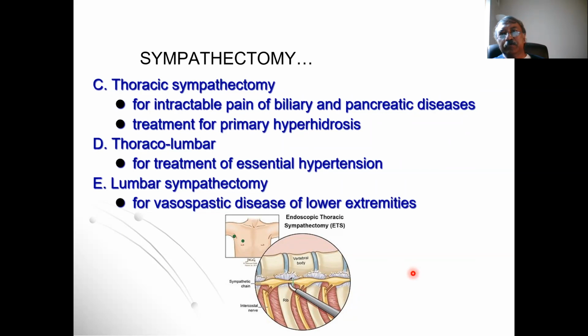They do this type of thoracic sympathectomy endoscopically. They put two portals here, one above the nipple area, one in the axillary area, and they put the scope through it, and they identify the vertebral body, ganglia around it.